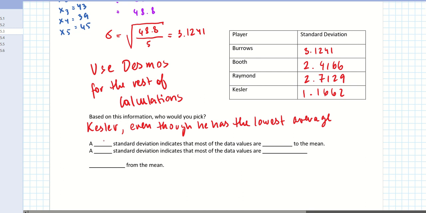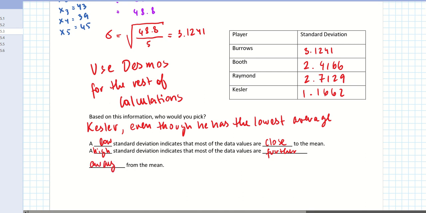So again, a low standard deviation indicates that most values of the data are close to the mean, and a high standard deviation indicates that most values of the data are scattered further away from the mean.